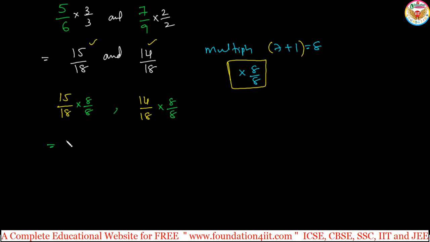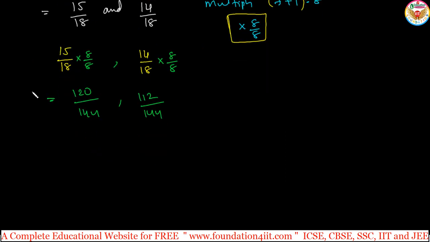Let's simplify. 15 into 8 is 120, and 18 into 8 is 144. 14 into 8 is 112, so 112 by 144. The numbers between 120 and 112, the lesser side, we can take.